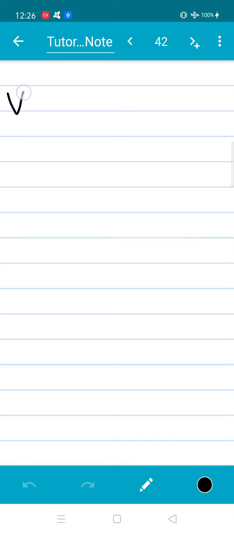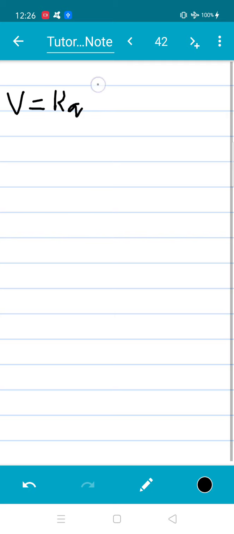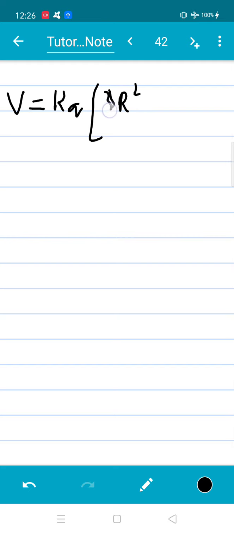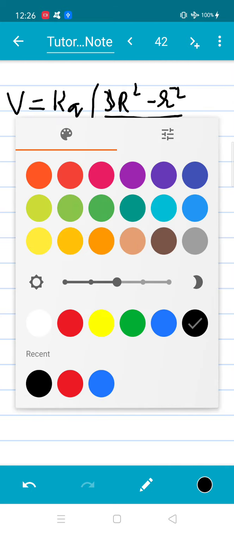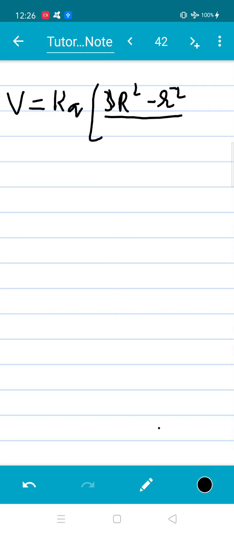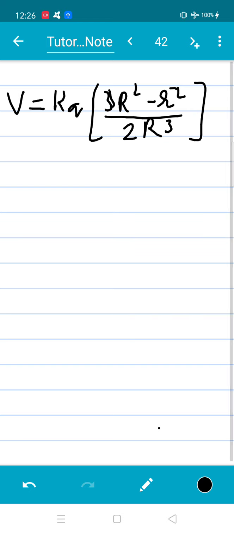Now if we take kq common, then the expression will be kq, and inside the bracket it will be 3R square minus square of small r, upon 2R cube.